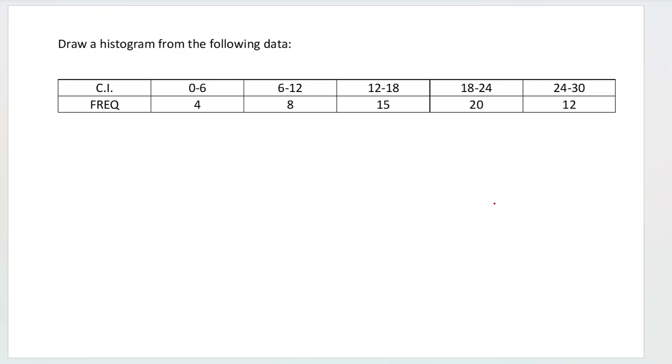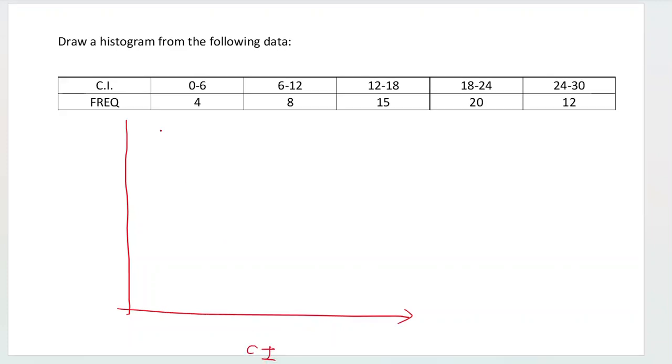Now, to draw a histogram, we first take class interval on the x-axis and frequency on the y-axis. Since there are gaps of 6 in the class intervals, we start with 0, then 6, next value will be 12, third value 18, fourth value 24, fifth value 30.